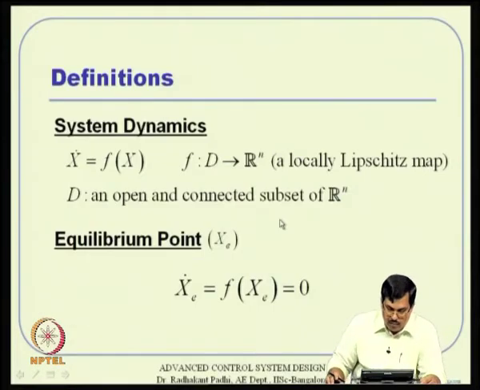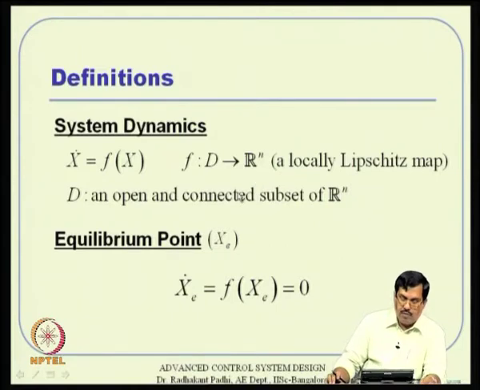First, what we discussed is that the system dynamics is in homogeneous form, and this is also autonomous form. In other words, explicitly time does not appear in the function, and control also does not appear in the function. However, if the control is in a state feedback form, then this homogeneous form also applies for closed loop system dynamics.